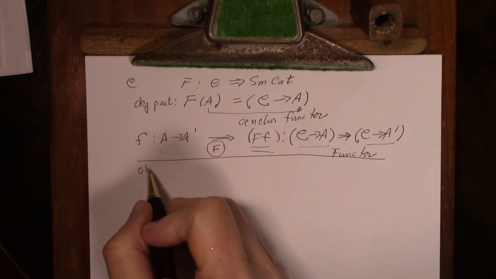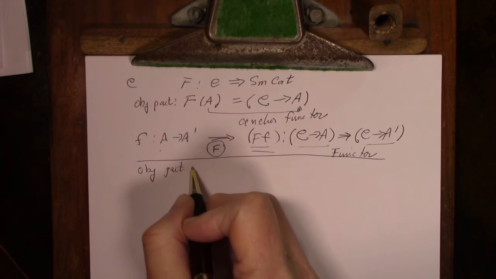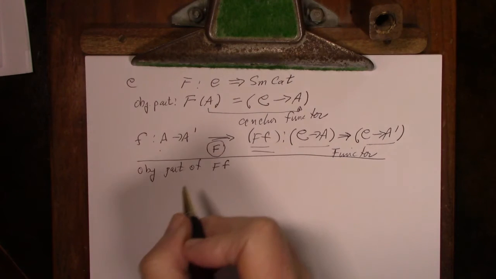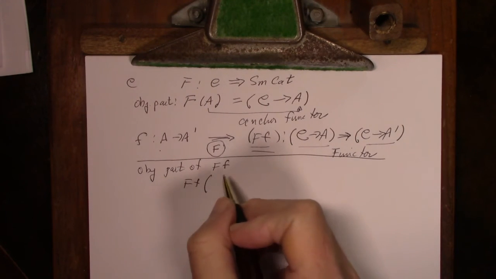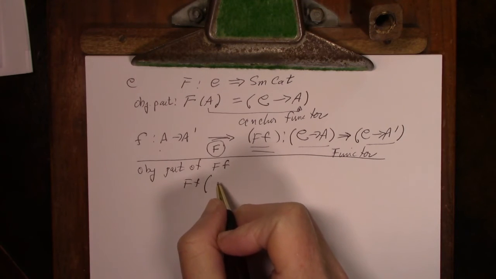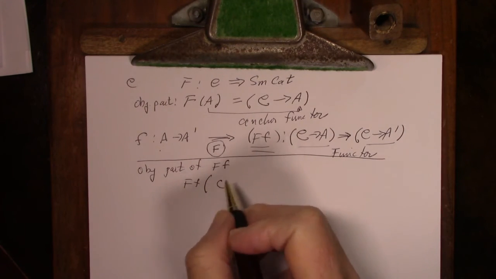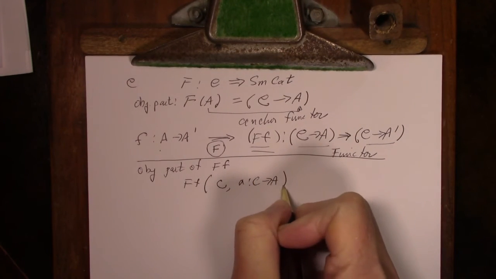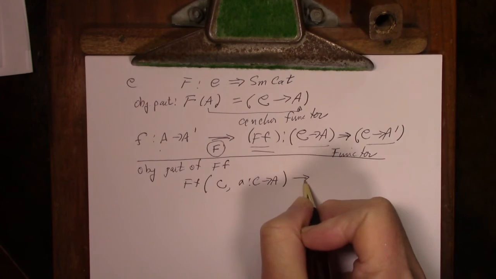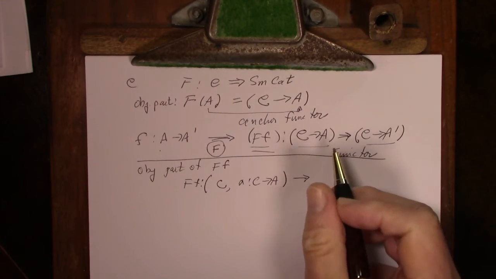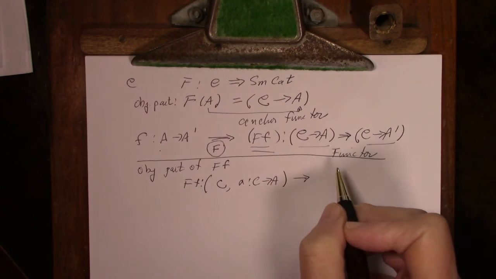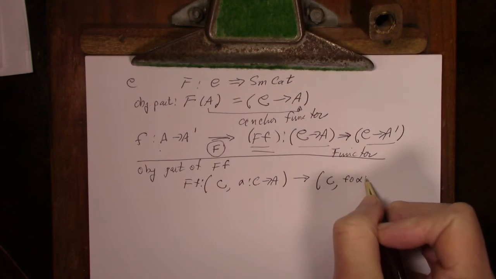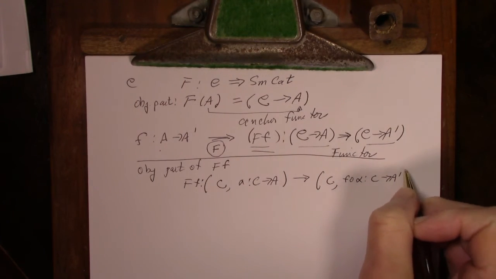So first of all, the object part of FF. Well, for that, FF takes an object, and what does an object look like? It looks like a pair, and this is going to go to another object, and it will be f circle alpha from C to A prime.